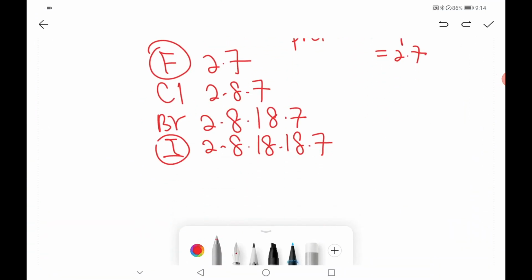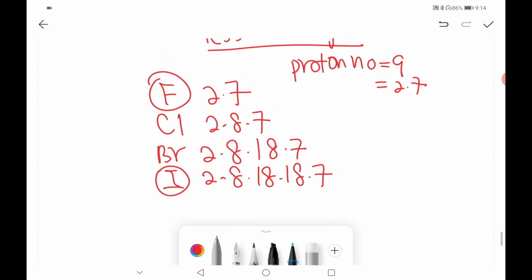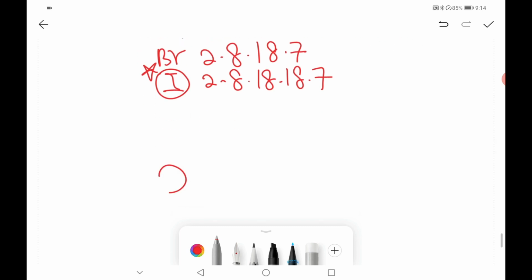How do we know who is more or less electronegative? Electronegative means the ability to receive electrons. So ask yourself, F and I, who can receive electrons more easily? F is 2.7, so you have 2 shells.